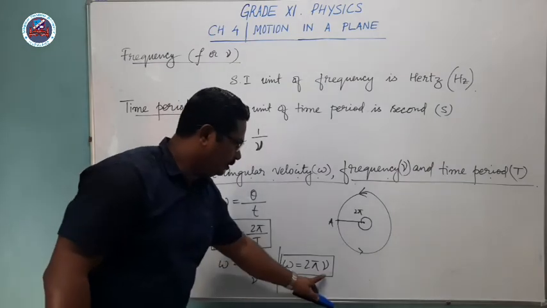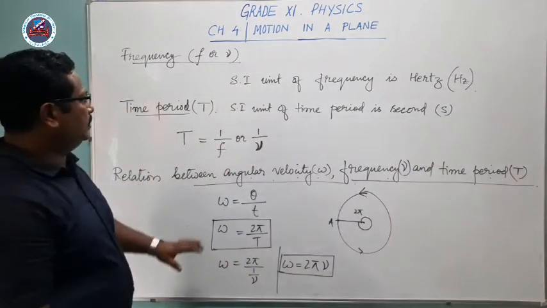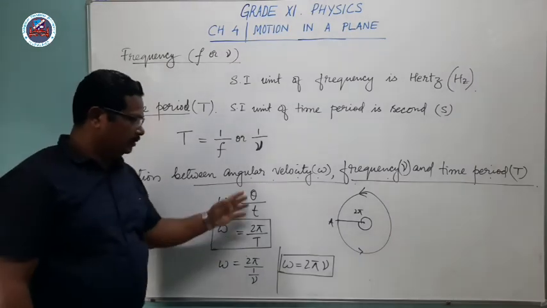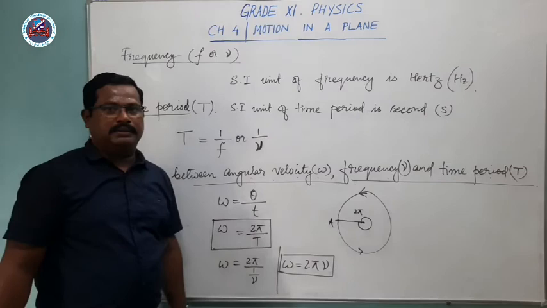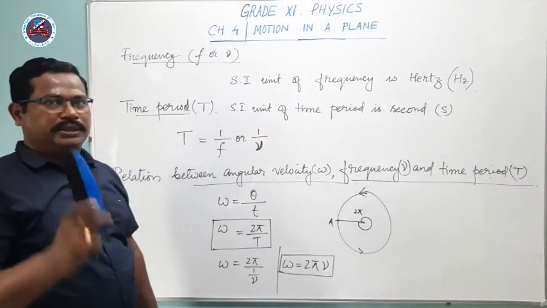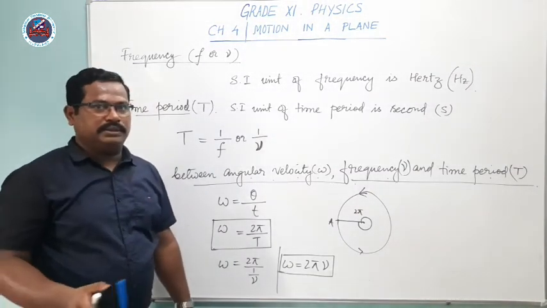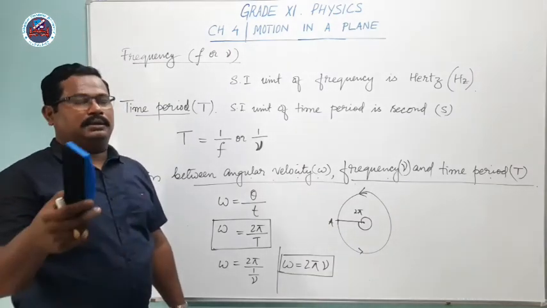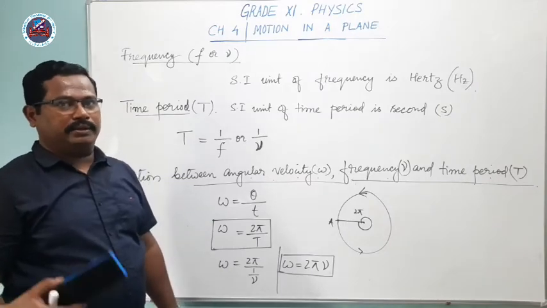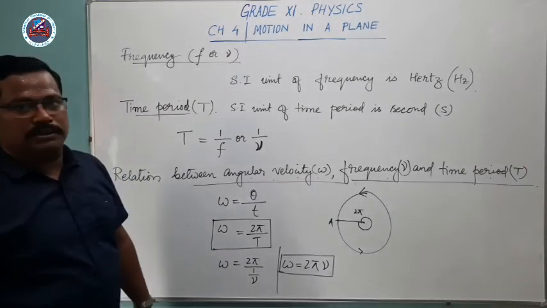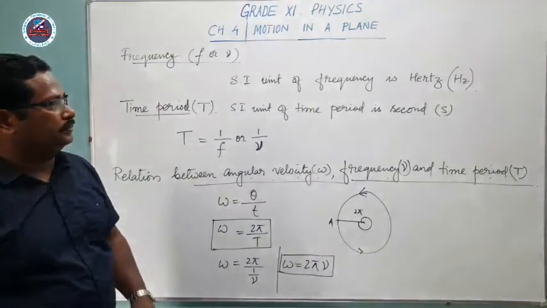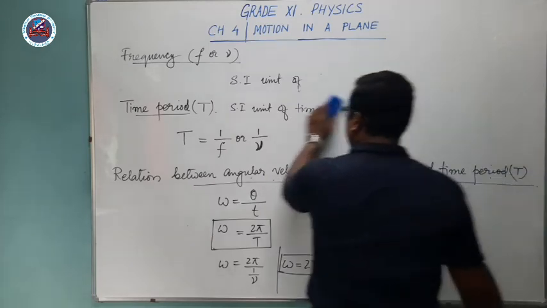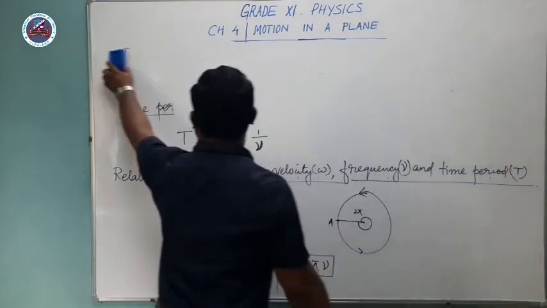These are the things you have to keep in mind about frequency, time period, angular velocity and how they are related. Then the relationship between linear velocity and angular velocity we have derived already. Then we have got the expression for centripetal acceleration. So these are the things you need to remember. Now let us see one more term, that is centripetal force.